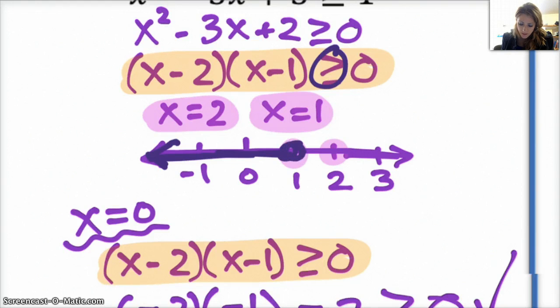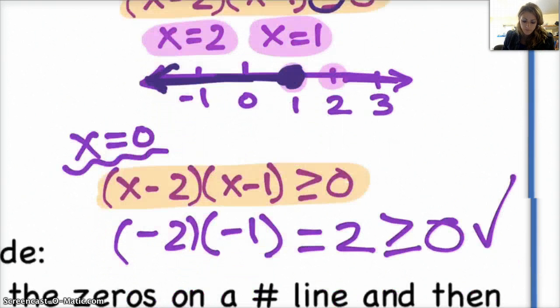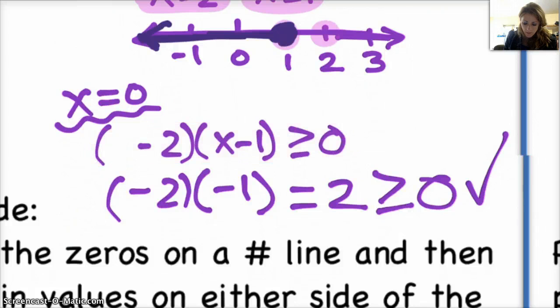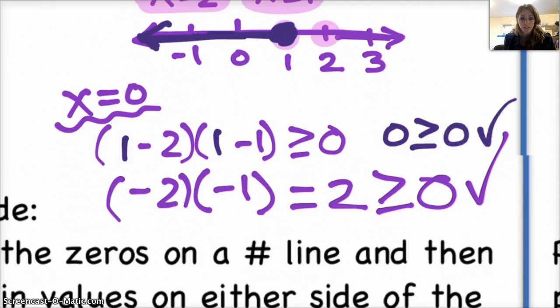So we would shade in a closed dot at 1 just because that shows that 1 is a solution as well. And you can check that, right? If I plug in x equals 1, I have 1 minus 2 times 1 minus 1, which is 0, and 0 is greater than or equal to 0. So it is a solution, right?